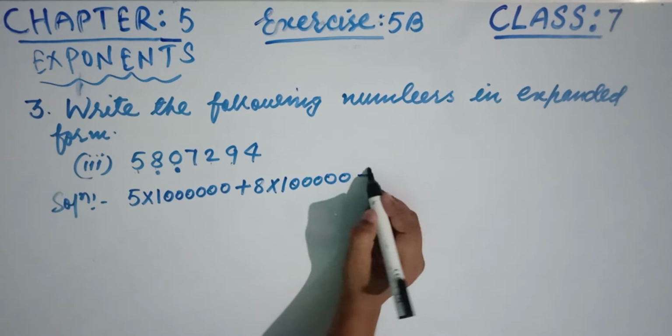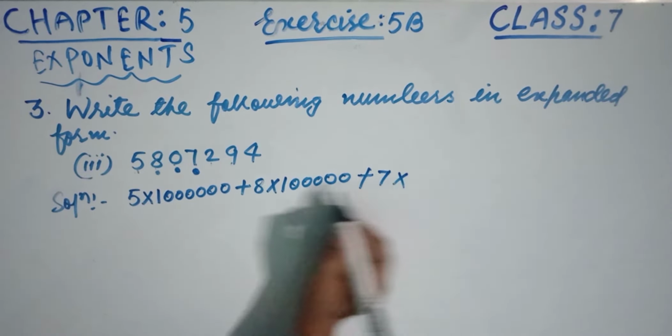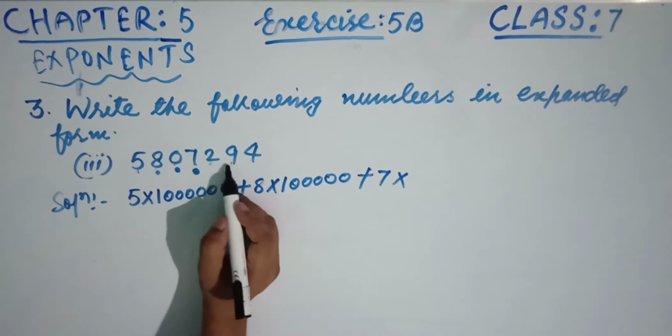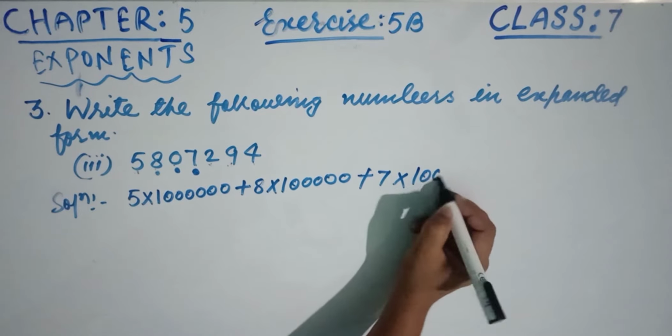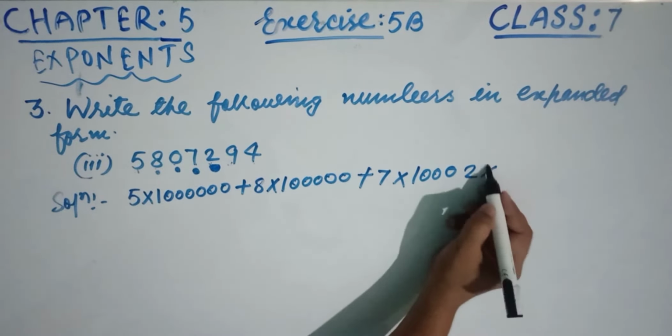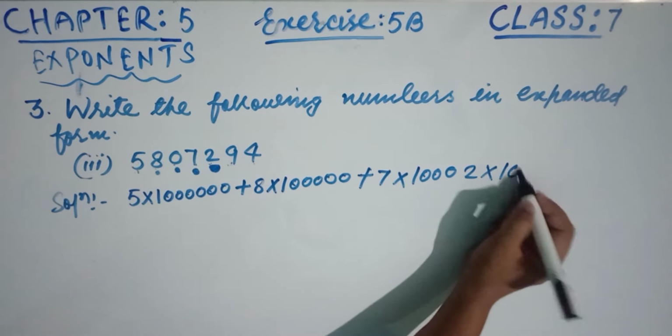Now plus, come to this 7 and write the 7 multiplied by as many zeros as there are digits after this 7 friends. 1 2 3, 3 times 0. Now come to 2, write the 2 multiplied by as many zeros as there are digits after this 2 friends? 2 zeros.